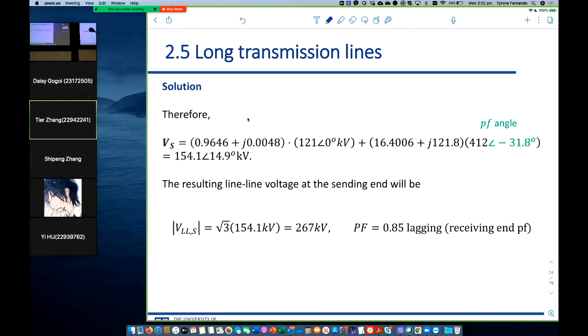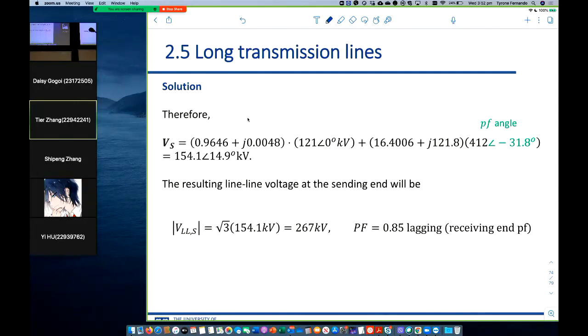But it's important to note that you actually chose the receiving end voltage as your reference. When you do circuit analysis in first year, you would always see the phase angle 0 on the sending end, but you don't have to choose it like that. You can choose anything to be the reference.